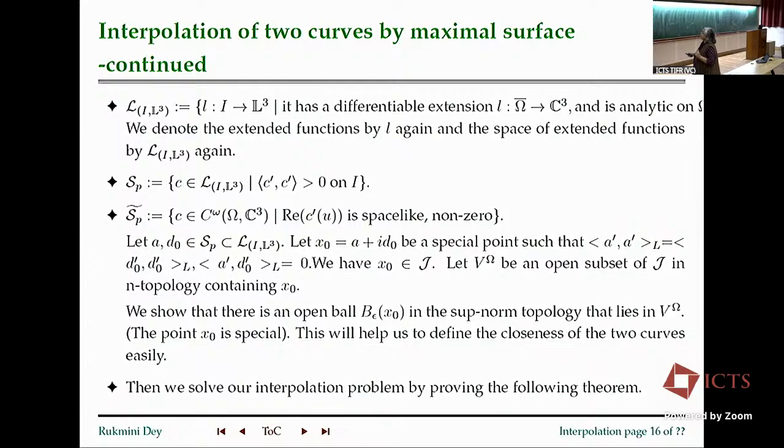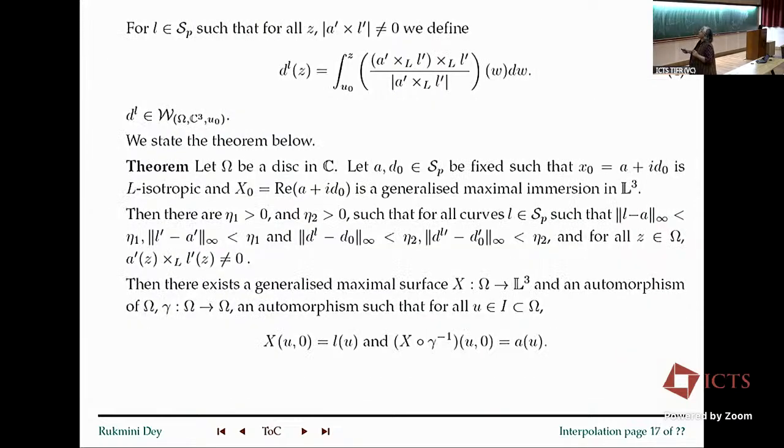And then we show, well, I am not going to explain all this, but let me just go directly to the neighborhood. So we construct D_L to be A prime cross L prime. This is the cross product in the Lorentzian space. A prime cross L prime cross L prime divided by the norm of A prime cross L prime dW. So this is my D_L. That is that part.